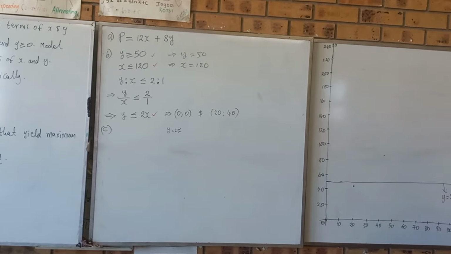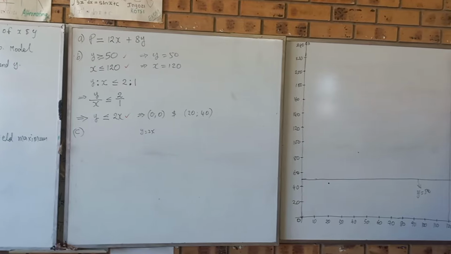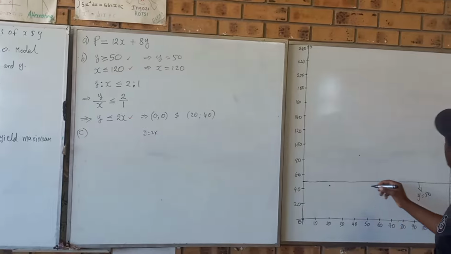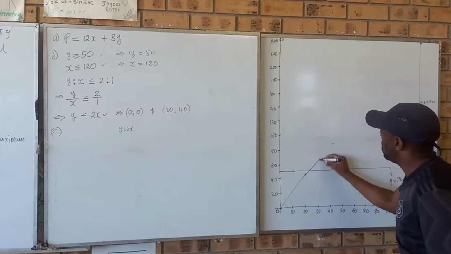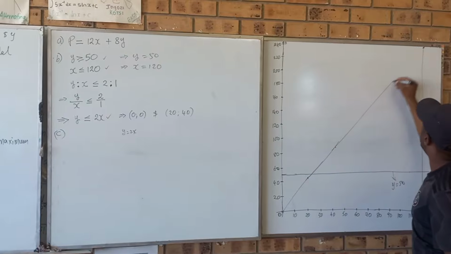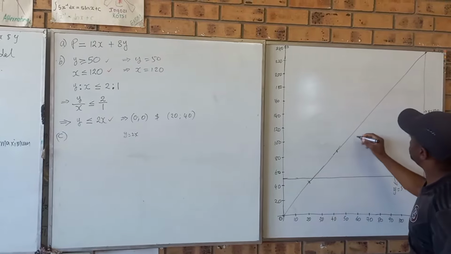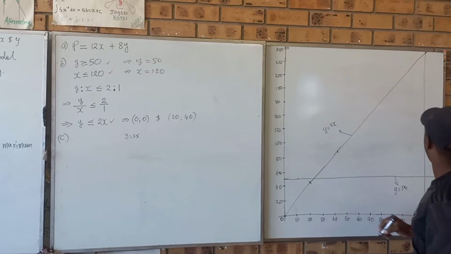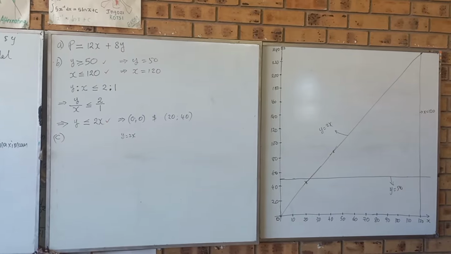Then if I pick the point 120, 120 times 2 is 240. You see, that is 240. So I have to draw a straight line that passes through these points. I hope my line is straight enough until it reaches there. So this is the line y equal to 2x, the line x equal to 120, and y equal to 50.